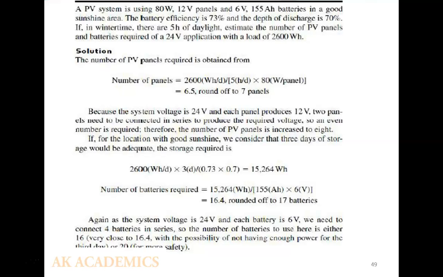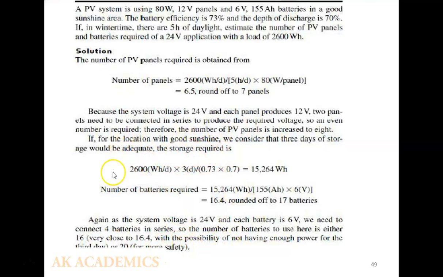The days of autonomy means the number of days the battery would be strong enough to supply energy in case the PV is not supplying enough energy. And we have chosen our autonomy here as 3 days. That's why we said we are considering 3 days of storage for the battery.